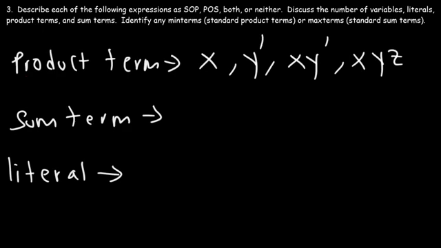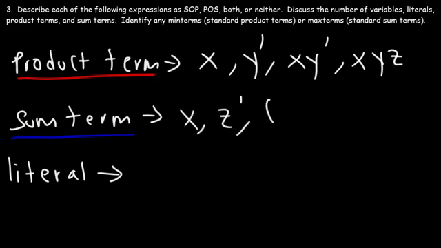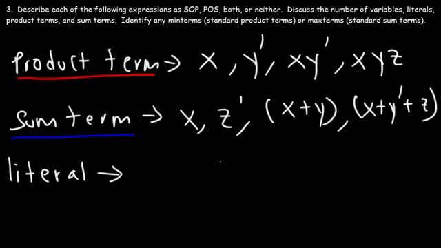So those are product terms. A sum term can be an individual literal. It could be x, it could be z prime, or it could be a sum of multiple literals like x plus y, or even x plus y prime plus z. So those are sum terms. And a literal is just a variable. It could be x, y prime, complemented or uncomplemented. So that's a literal.